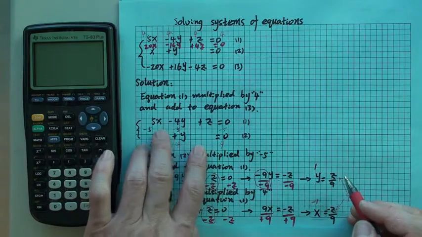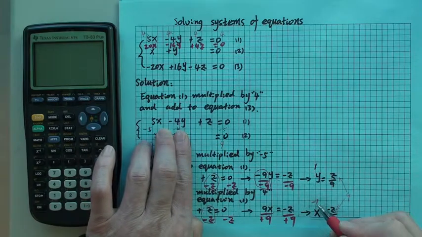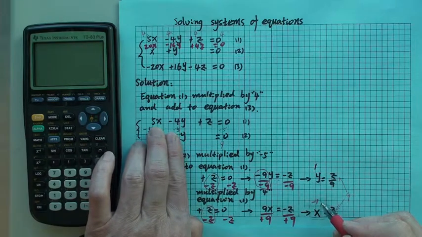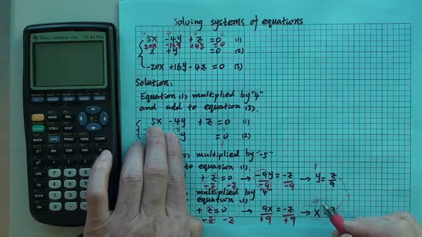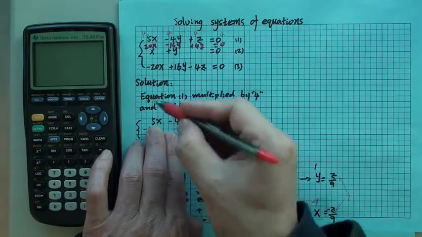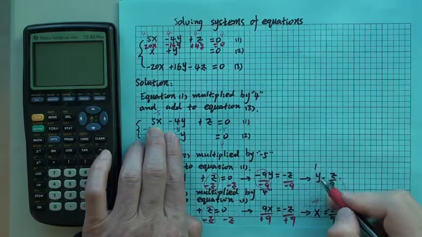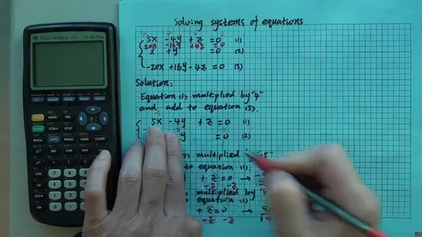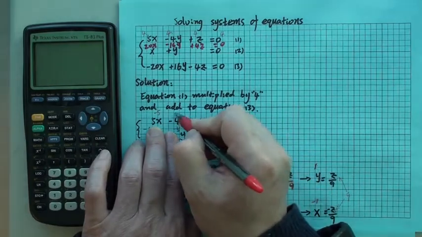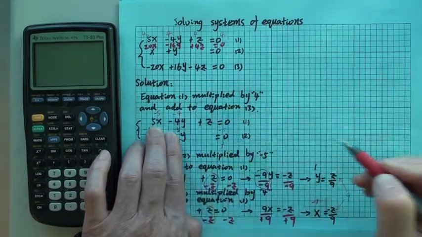And up to here, x is negative 1, negative 1 times 5 is negative 5. And y is 1, 1 times negative 4 is negative 4.